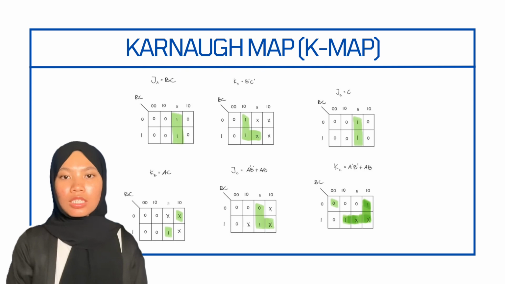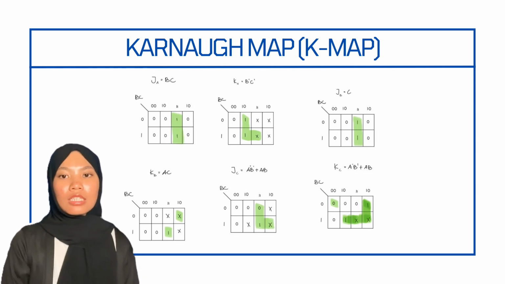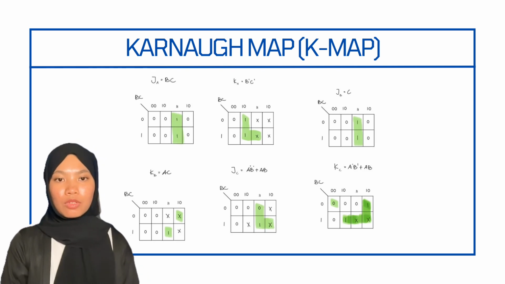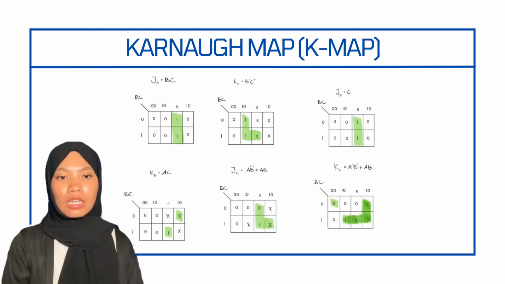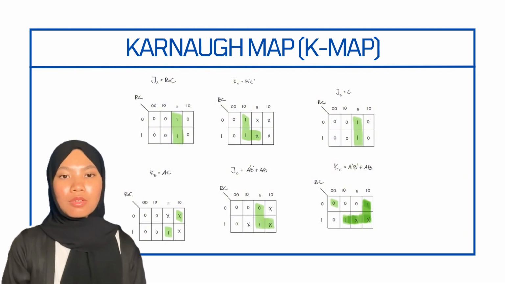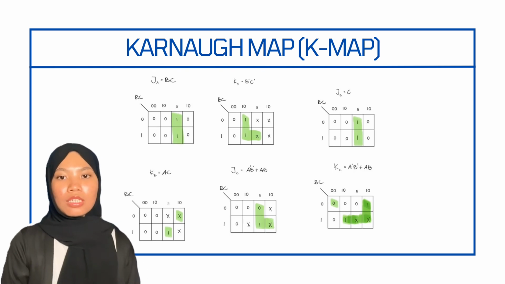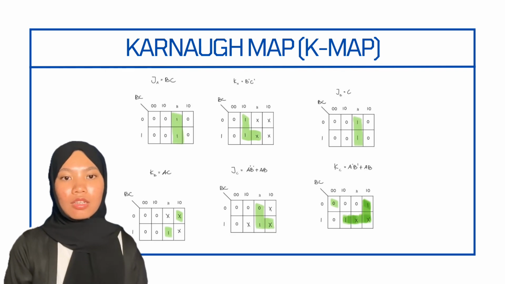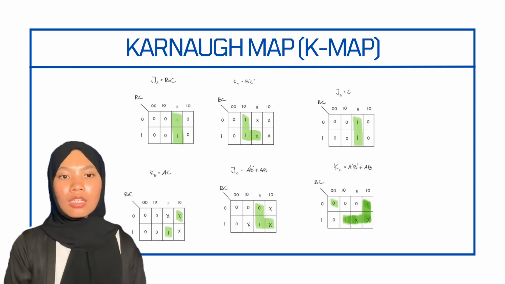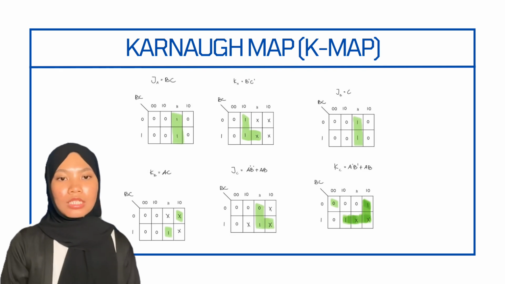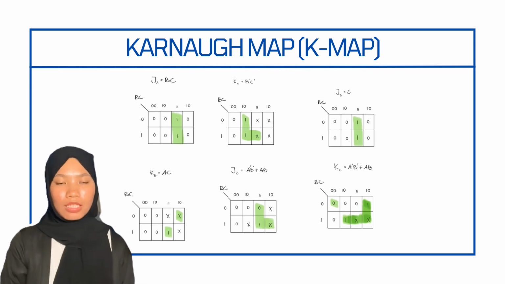With the transition data fully mapped out, the next step is to find the simplest Boolean logic expression for the circuit. Here are the K-maps that were plotted for each flip-flop's input by grouping the ones and the don't care conditions. The simplified logic equations obtained are: for flip-flop A, JA equals BC and KA equals B bar C bar.